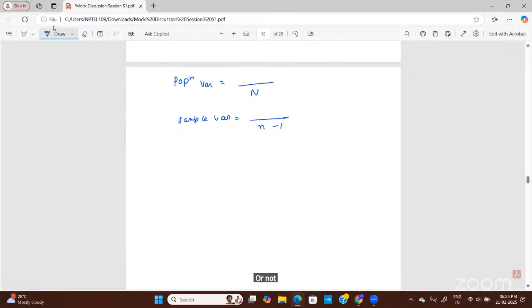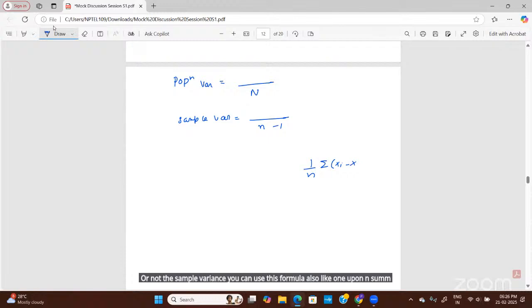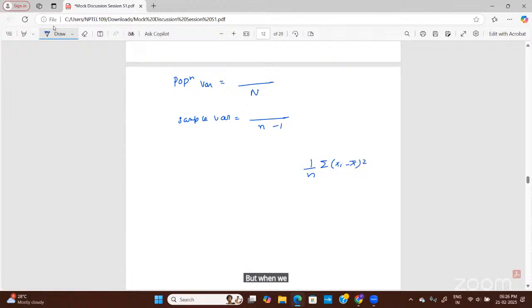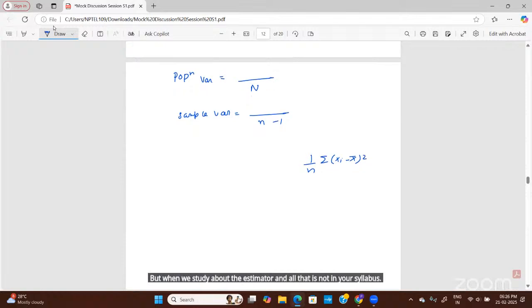For the sample variance, you can also use the formula 1 upon n summation of xi minus x bar whole square. But when we study the estimator and all, that is not in your syllabus as of now. Then it is not an unbiased estimator of the population variance.